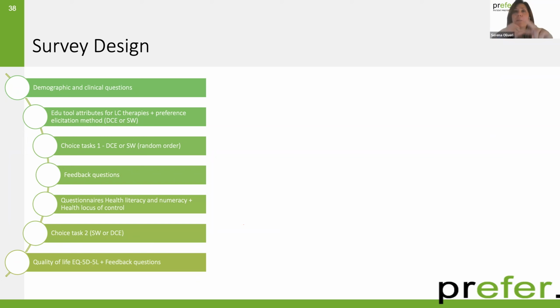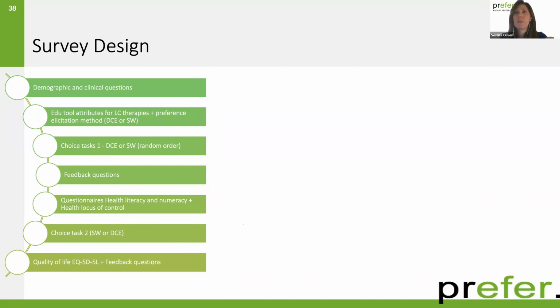Consider that we randomly proposed the two different choice tasks to patients with a crossover design, ABBA, so that some patients first had to perform the DCE followed by the swing weighting, but other patients performed the swing weighting, followed by the discrete choice experiment.